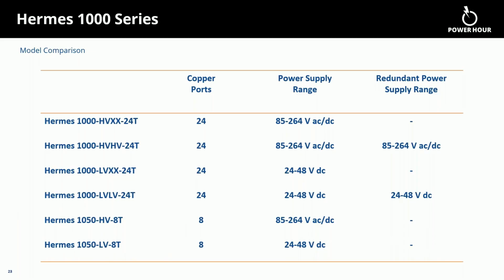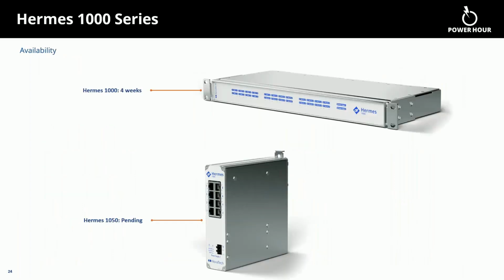So right now it looks like you're ordering 24T or 8T. And I'll have to check about mixing and matching ports once there are fiber options on these. So that's kind of what you're looking at. I won't read them all to you. All right, lead time is 4 weeks for both. That slide used to say pending and now it shouldn't anymore, but 4 weeks for both.